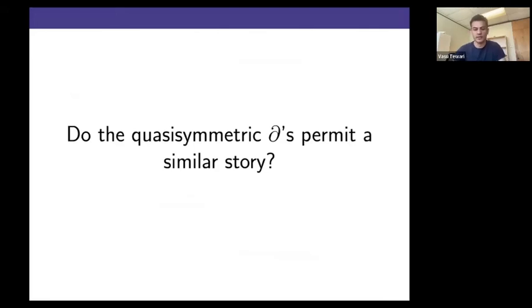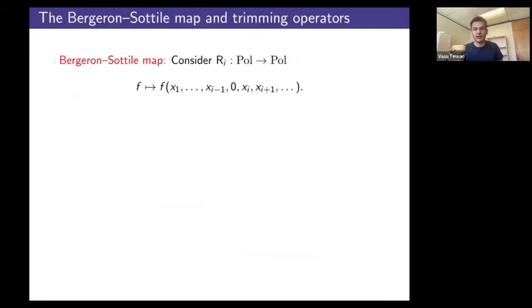Sweet. Okay, so let me introduce the quasisymmetric partials formally. I mentioned shift invariance, and already in the work of Bergeron-Sottile from the 90s, there's this map R sub i that performs a shift and reindexing. This map was in the context of Schubert calculus, in fact.